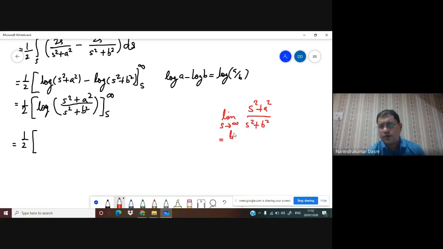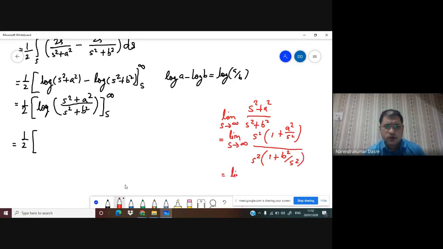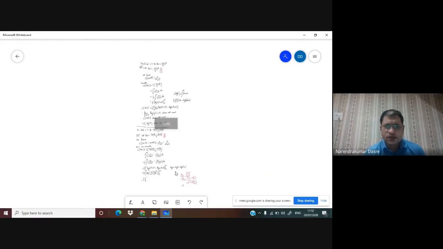This is equal to limit s tends to infinity, s square I can take common. I'll be having 1 plus a square upon s square, and here I'll be having s square times 1 plus b square upon s square.